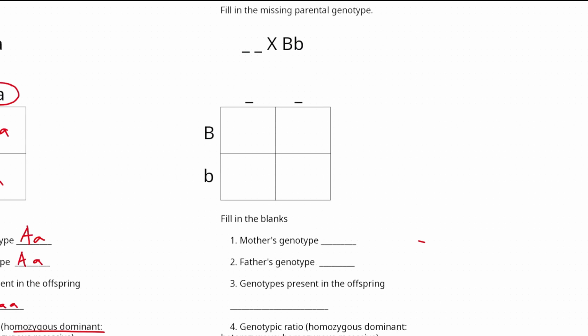For this one, I'll add in the genotypes of the children, and that will allow us to find what the genotype of the missing parent will be.